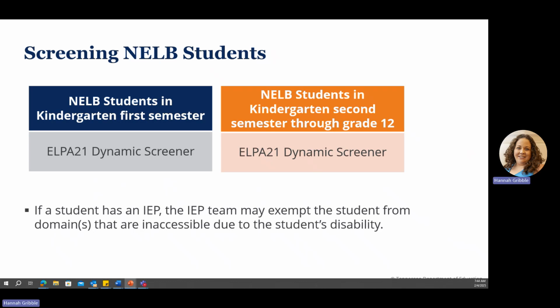Tennessee currently uses the ELPA 21 dynamic screener to screen all students. If a student has an IEP, the IEP team may exempt the student from domains that are inaccessible due to the student's disability.